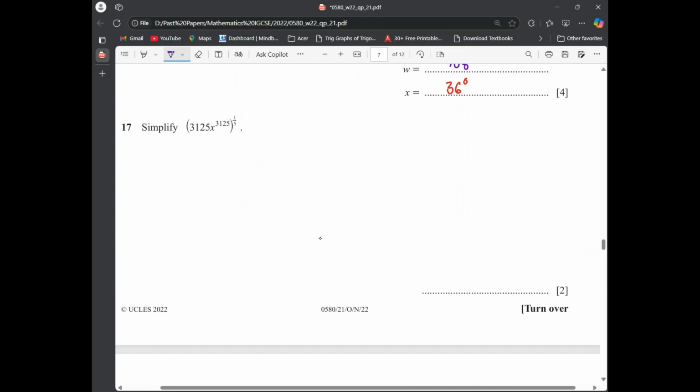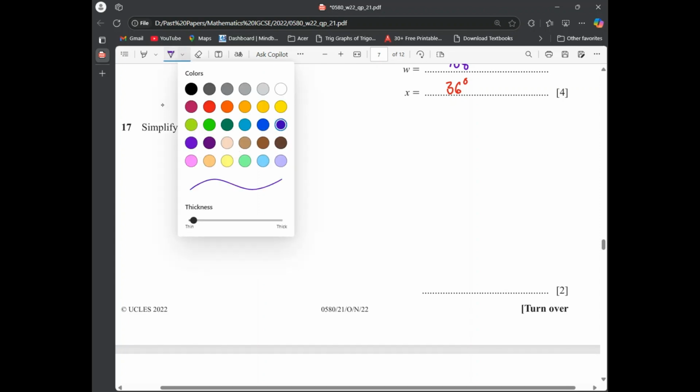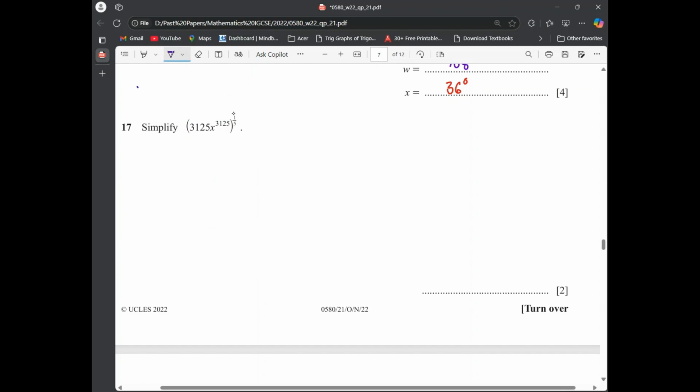Simplify, right? 3125x to the power 3125, all that multiplied again by 1 over 5. Right, so I am going to use the distributive law of exponents. That exponent there multiplies with the exponent for x, and it also multiplies with the exponent of 3125. So we get 3125 to the power 1 over 5 multiplied by x to the power 3125 multiplied by 1 over 5.